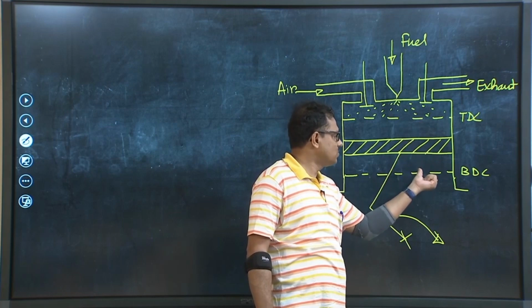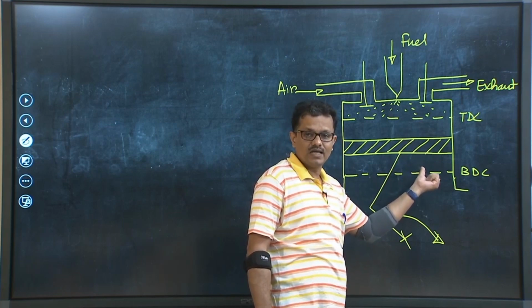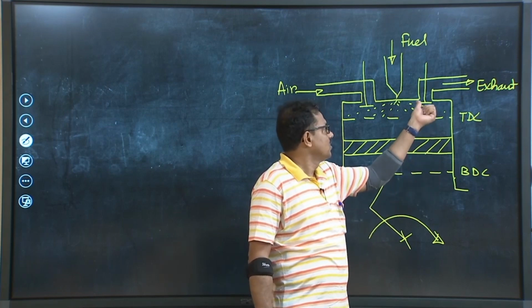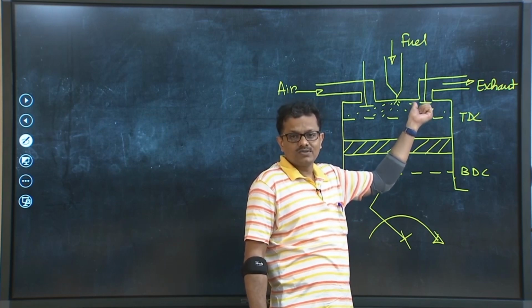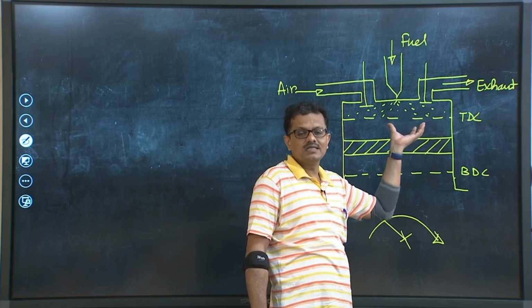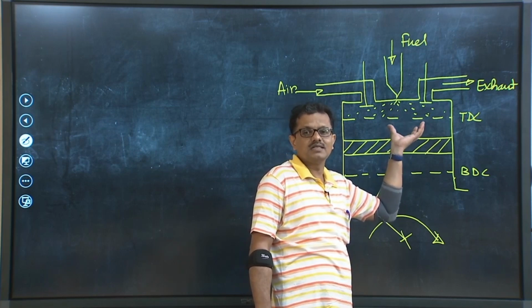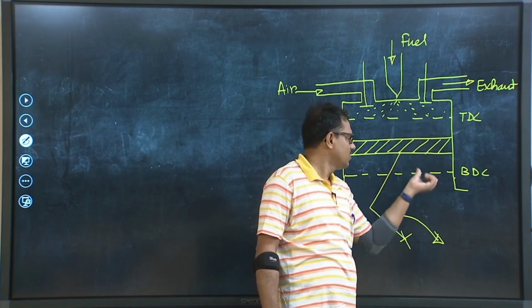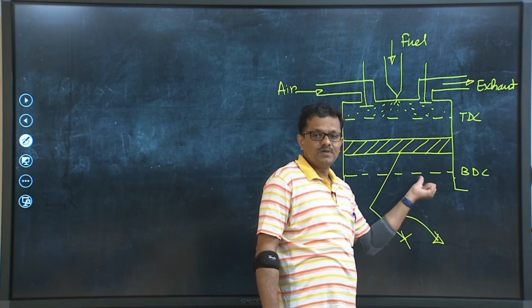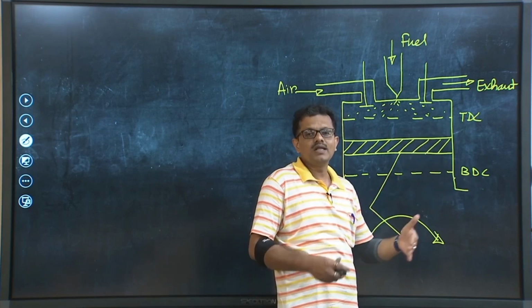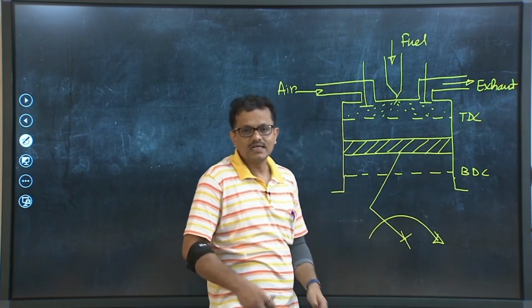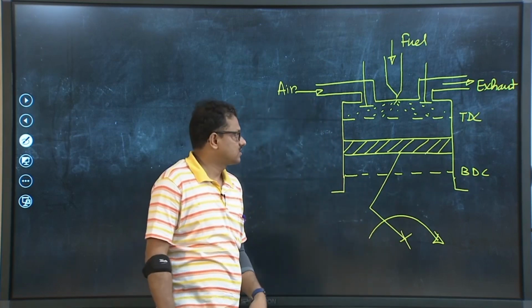So, when the piston is about to reach BDC, at the end of the power stroke, the exhaust valve is allowed to open. The sole purpose is to reduce the gas pressure inside the cylinder combustion chamber, so that when the piston is coming back from BDC to TDC in the next stroke, it will experience relatively lesser resistance.